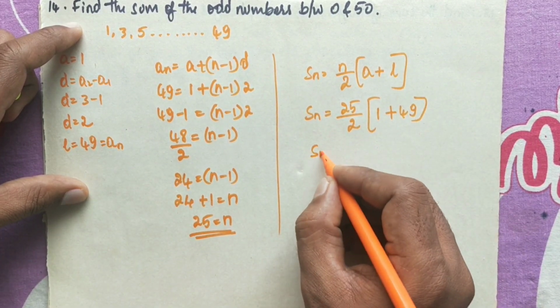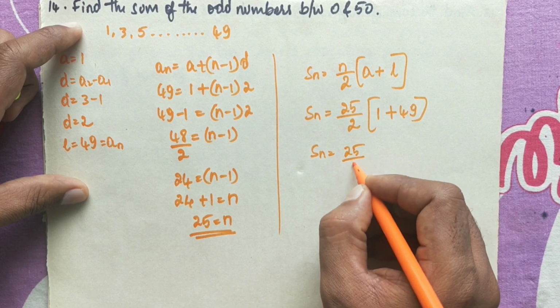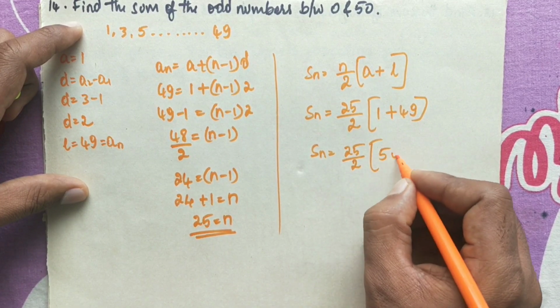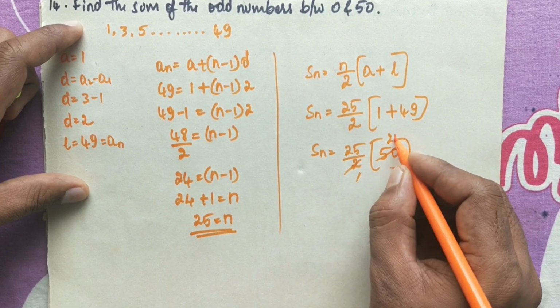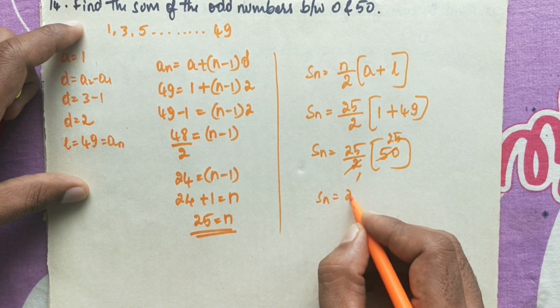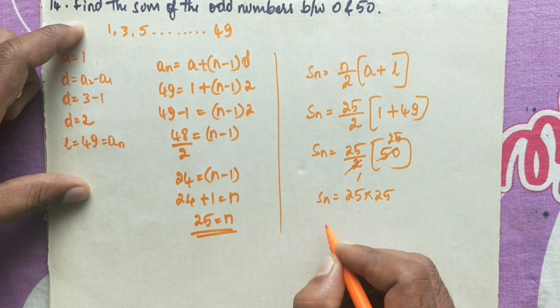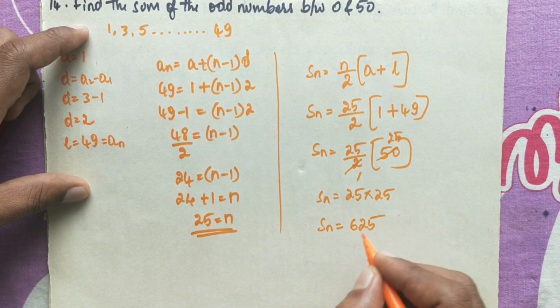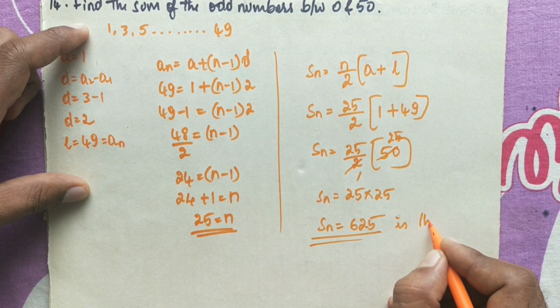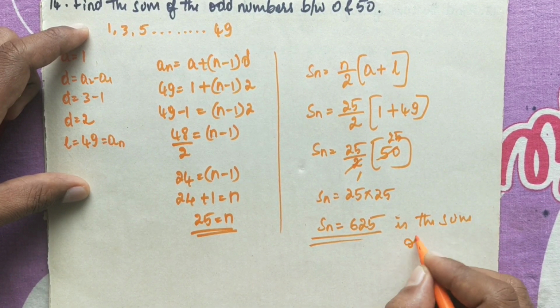So we get Sn is equal to 25 by 2 into 50. 49 plus 1 is 50, 2 ones are 25s. So Sn is equal to 25 into 25, so Sn is equal to 625, the sum of the AP.